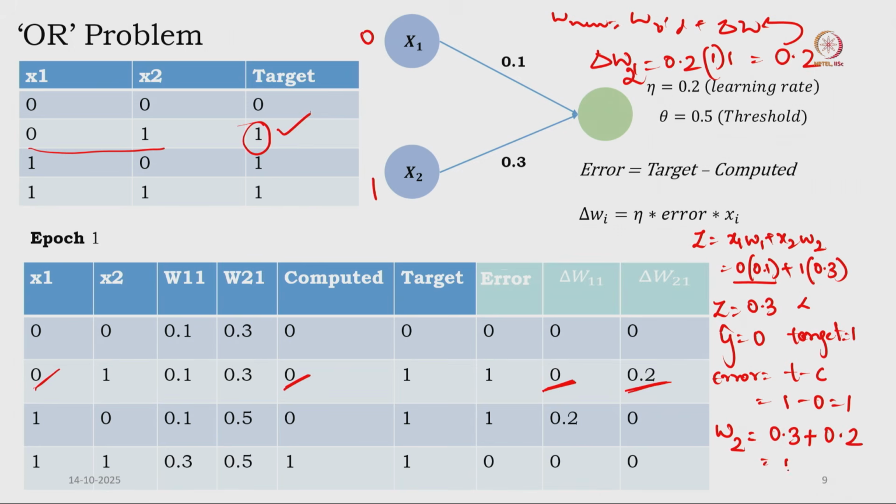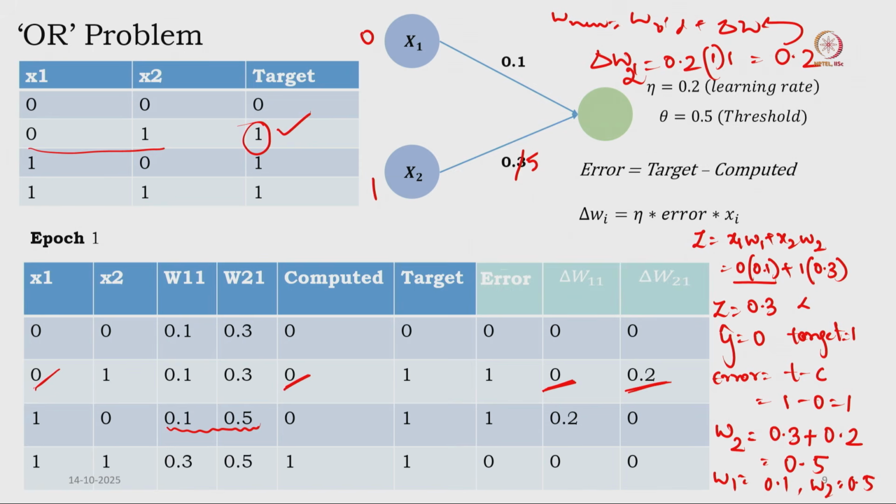Therefore, it is 0.5. So, the new weights are W1, since there was no change, it is 0.1, and the W2 value is 0.5. That is what you are seeing: for the next input it is no more 0.3, it is 0.5 now.